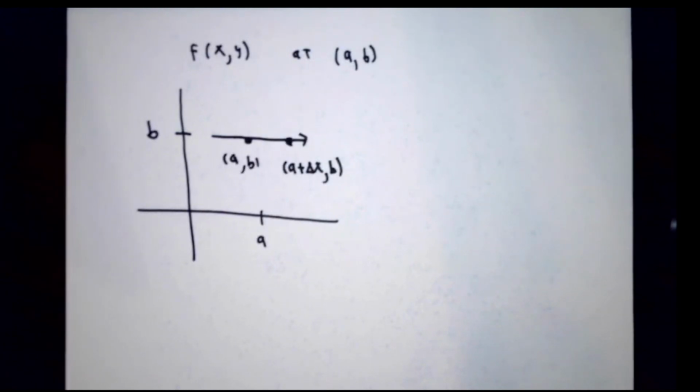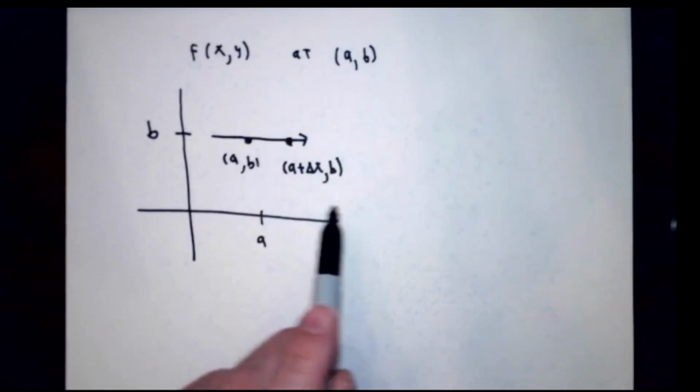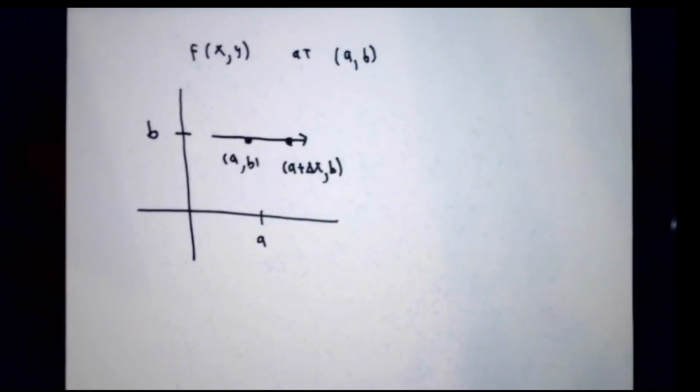I'm going to imagine traveling through the point a, b in the positive x direction, meaning that I'm going to change the x-coordinate by a small amount, delta x, but I am not going to change the y-coordinate at all.